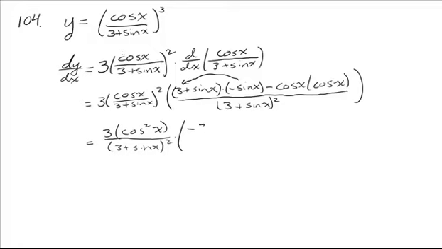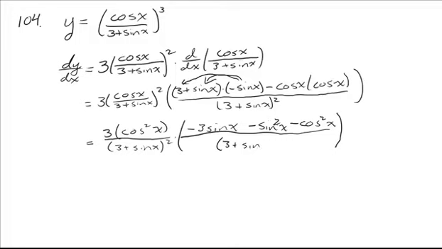So that's going to be a negative 3 sine x minus sine squared x. And then multiplying the two cosines together, we get a minus cosine squared x. And this is where you should be starting to say, oh, look, I might have a Pythagorean identity here. So over 3 plus sine x, the quantity squared.